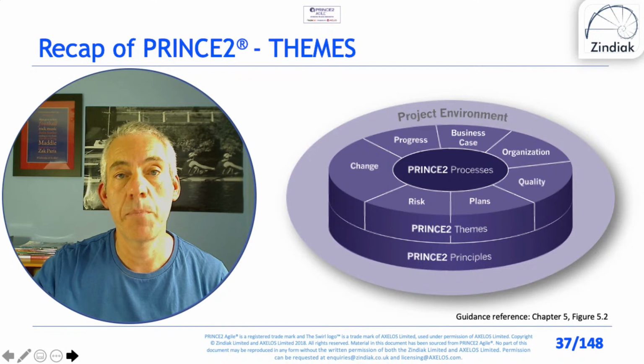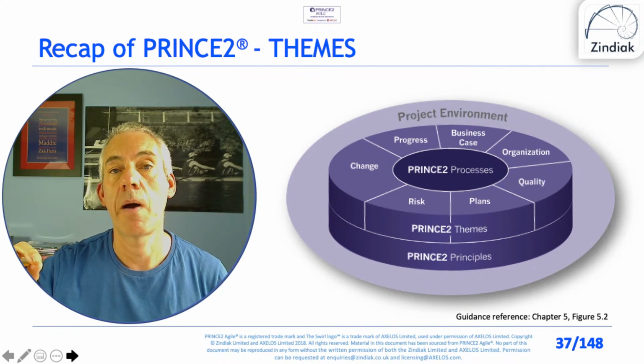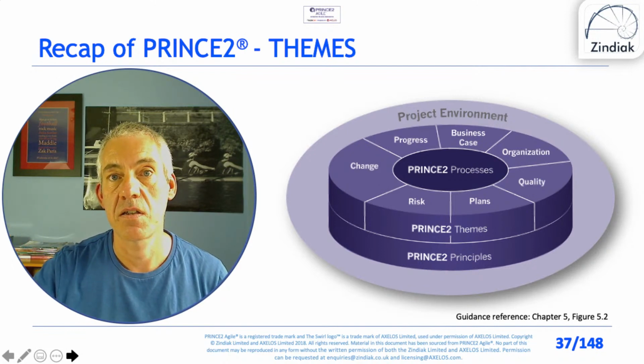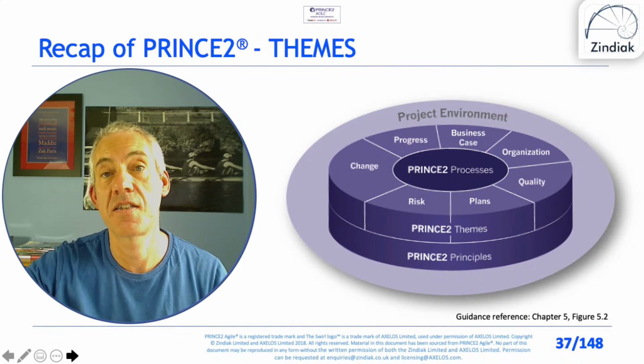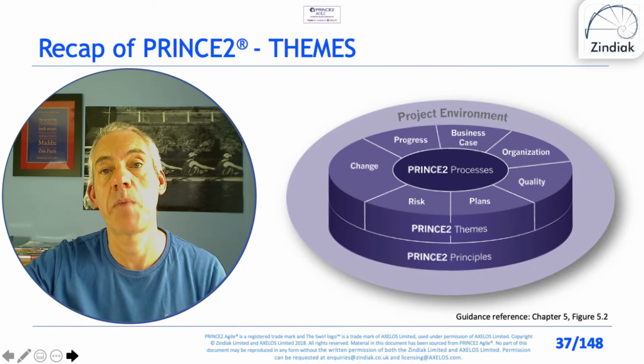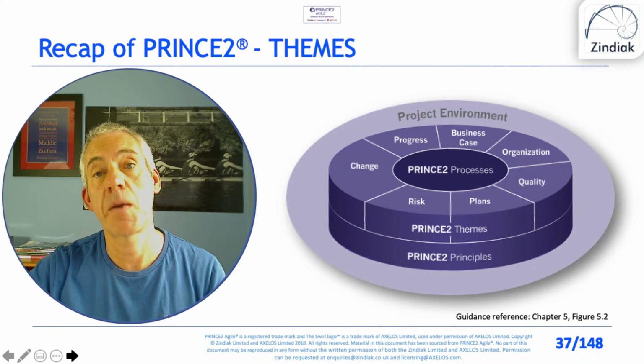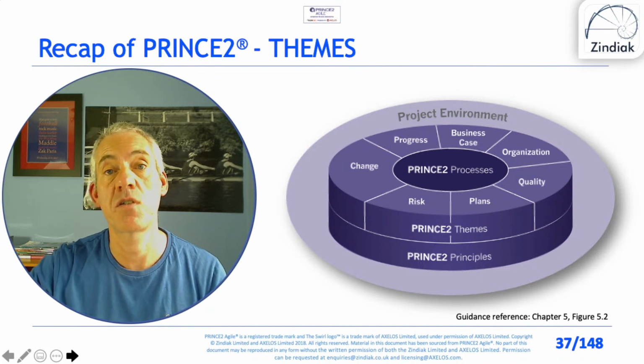Different from risk, in the business case we talk about benefits and disbenefits. So benefits are things that we expect to happen if we deliver this project according to the plan. We expect to get these benefits, and we also expect to get these disbenefits. So there may be some negative things that we expect, such as reduced efficiency while the customer gets used to the new product, for instance.